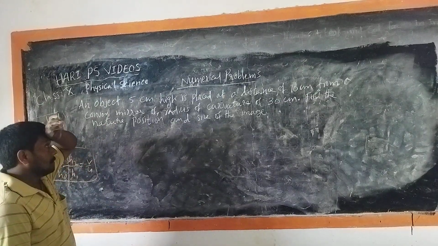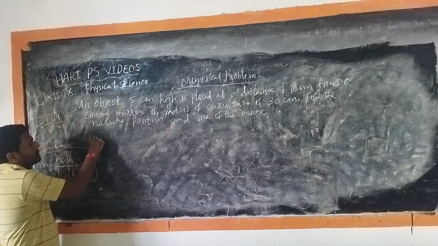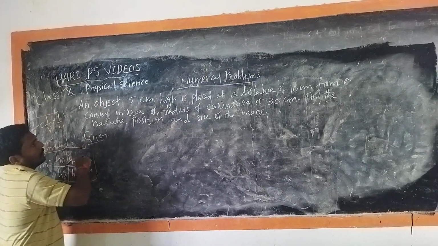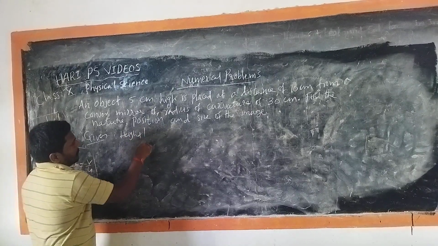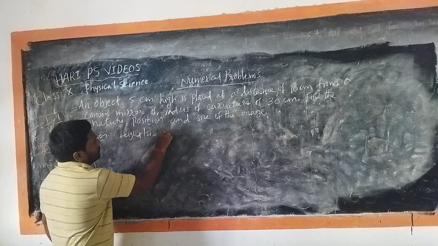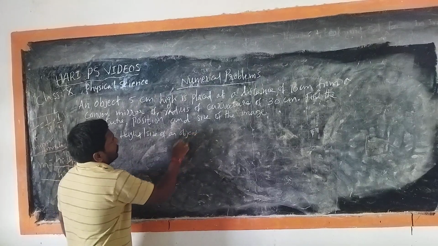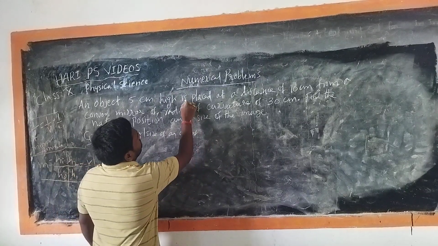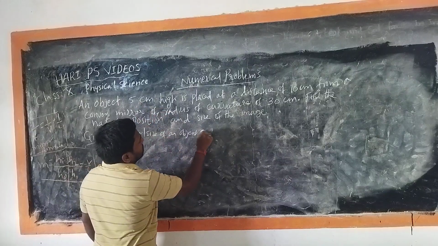So what values are given first? Given values: height or size of an object, how much? 5 centimeters.